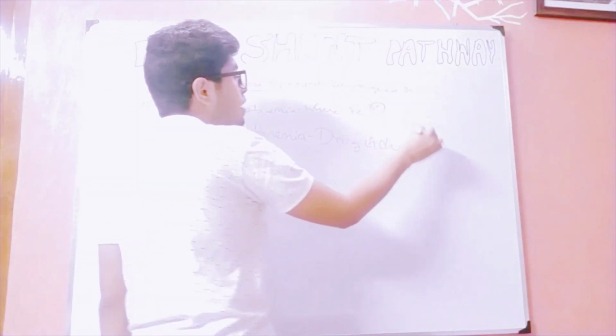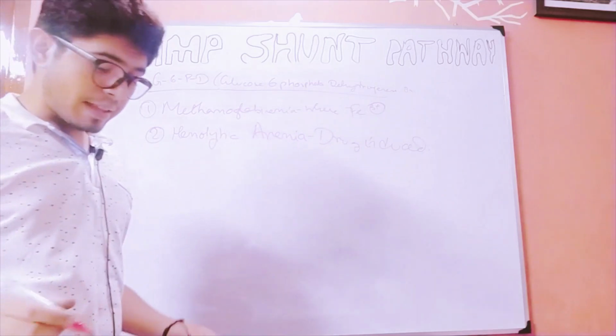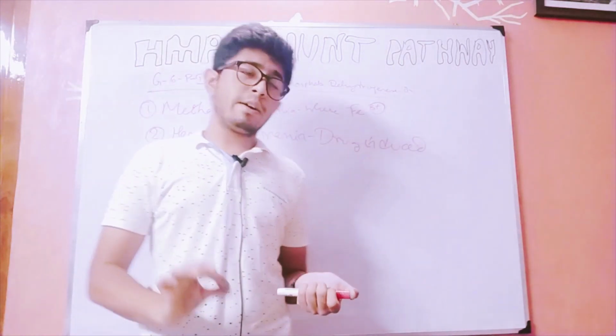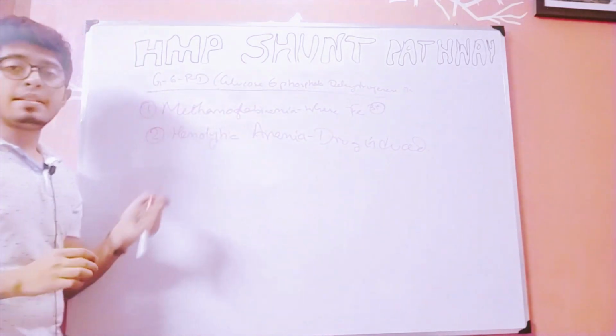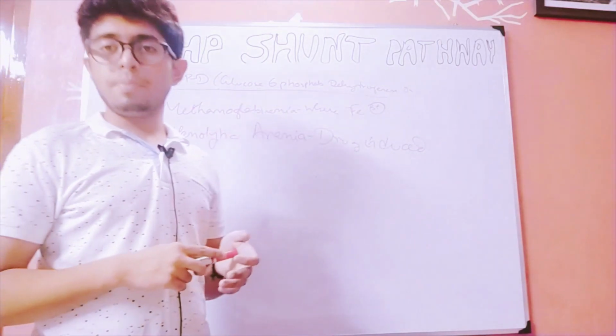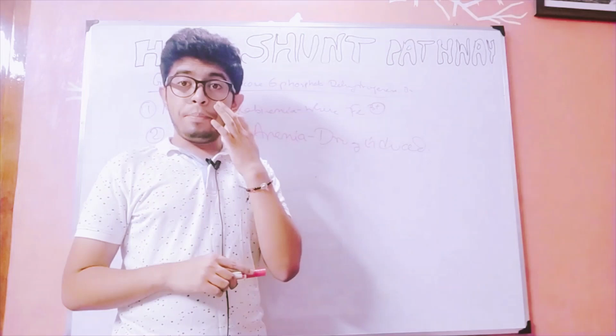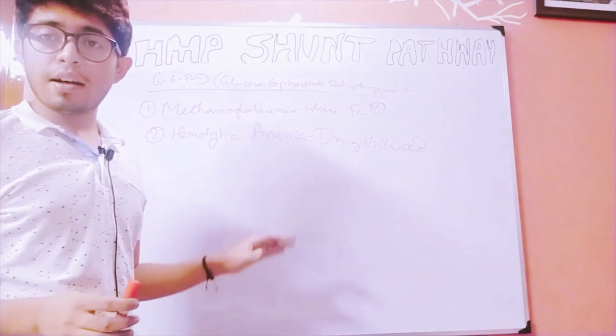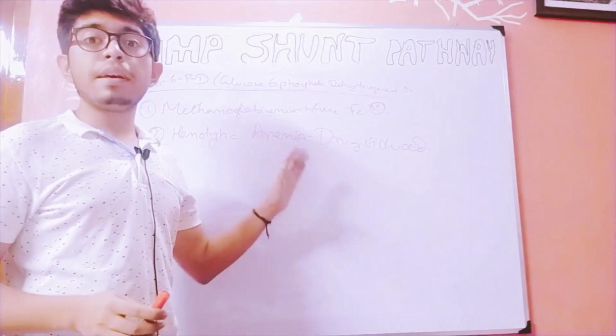So before giving certain drugs, such as some malarial drugs, doctors always need to check whether the person is suffering from G6PD deficiency. If a person suffers from G6PD deficiency, there are certain drugs which the person cannot be given.